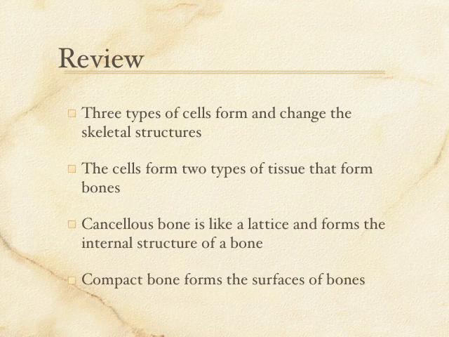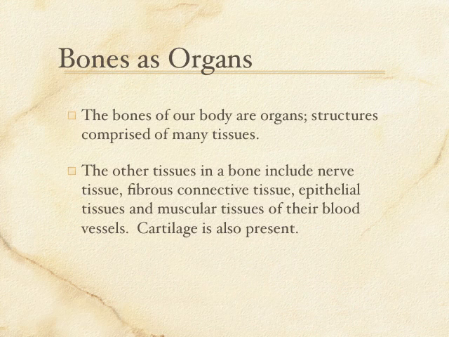Now, what we're about today is to look at bones as organs. So each and every bone of the skeletal system is what we would call an organ of that system. And it's an organ because there are many tissues. Well, we've seen that there are 2 different bone tissues, but there are also going to be nerve tissues.